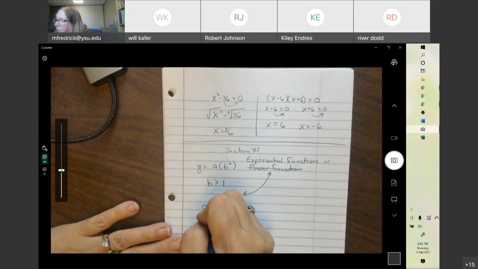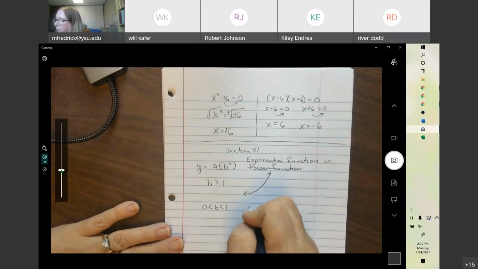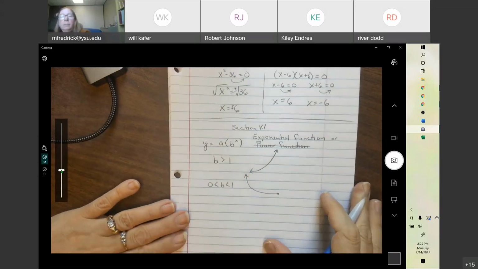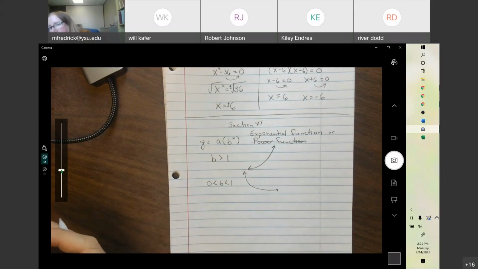If b is between 0 and 1, it will decrease really fast and then taper off. As for our graphing more than that, we're going to use Desmos. So most of the graphing for this course is on Desmos or any graphing avenue, the calculator.